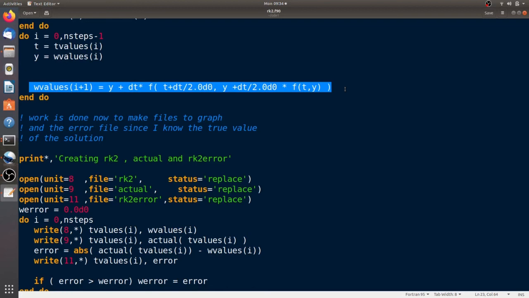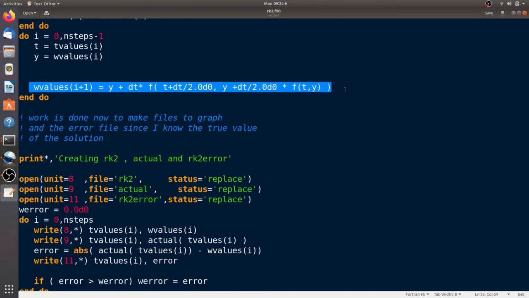I have to evaluate the first variable at the current time plus delta t over 2, and the second one at y plus 1/2 times the right-hand side of the differential equation times delta t. The right-hand side of the differential equation, though, is just f.